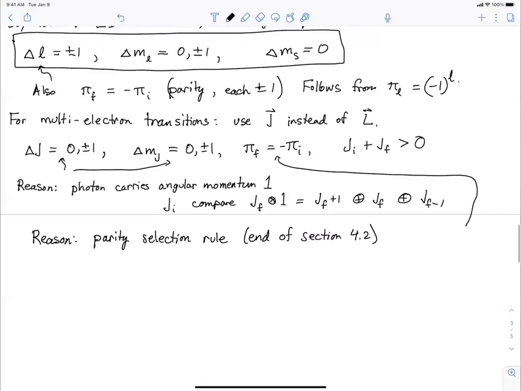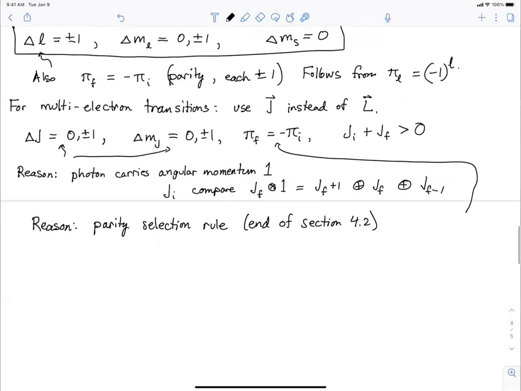It was just a matrix element statement that if you calculate a matrix element of any operator at all, that's 0 unless the product of the parities of the states and the operator is 1.